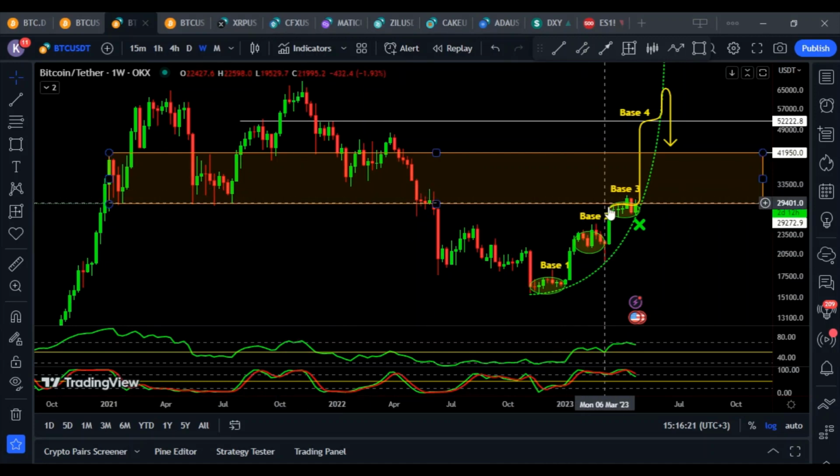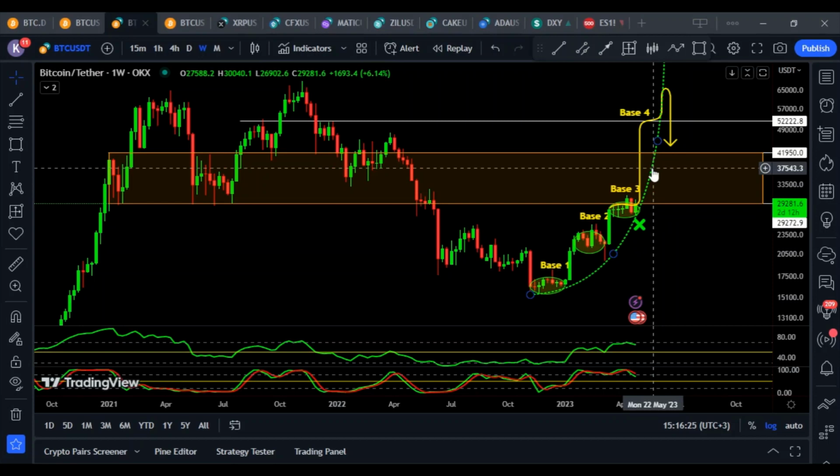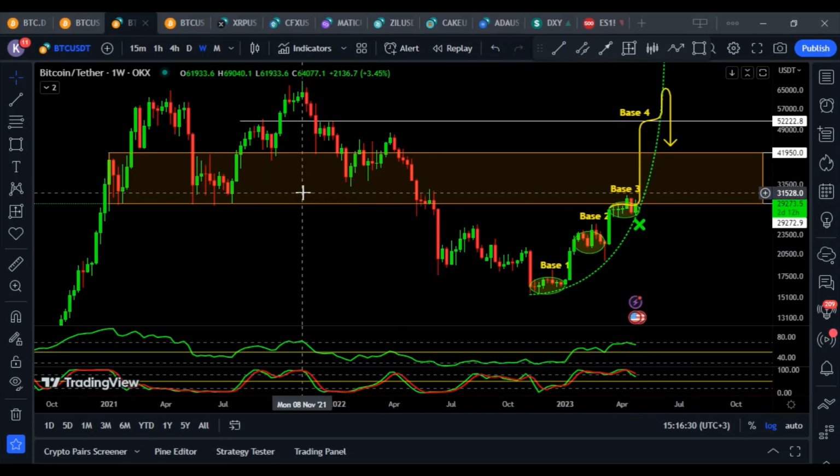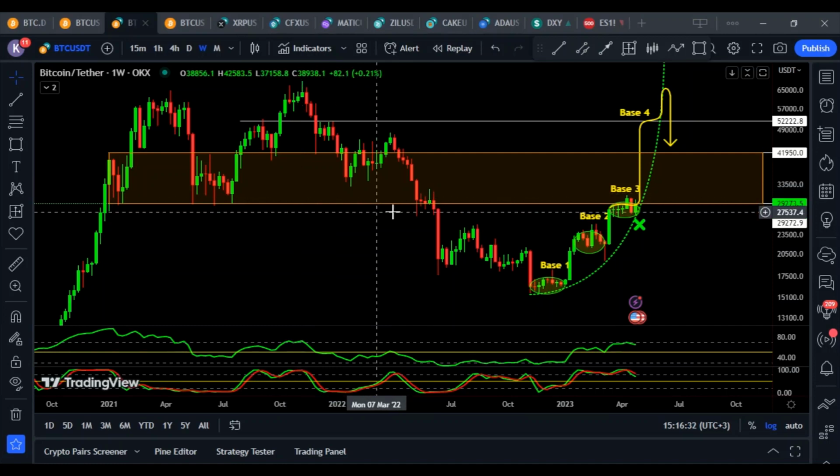And this, if broken, should happen in a relatively faster period of time and take people by surprise. So first zone would be between 29,200 and 41,900.